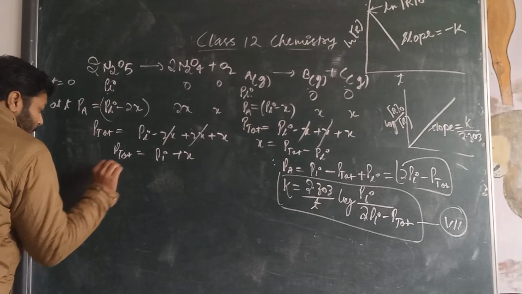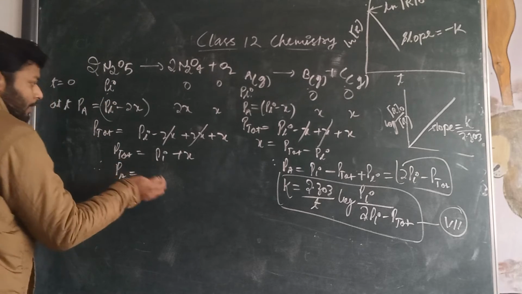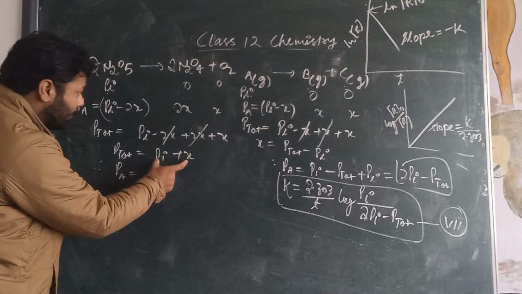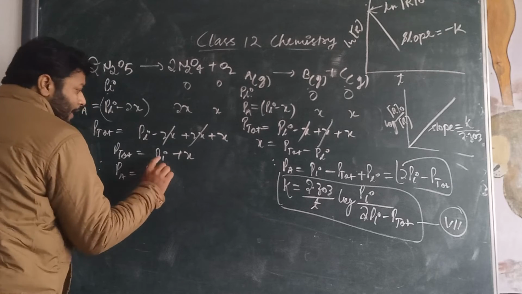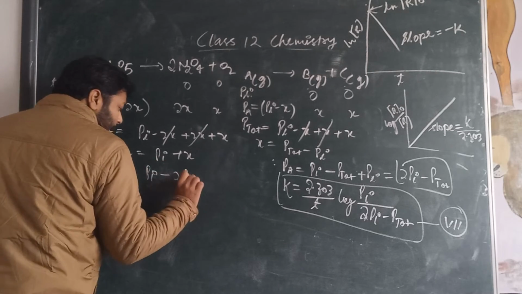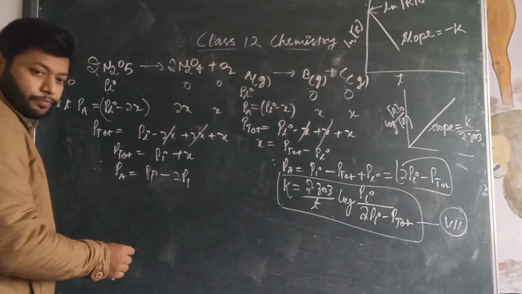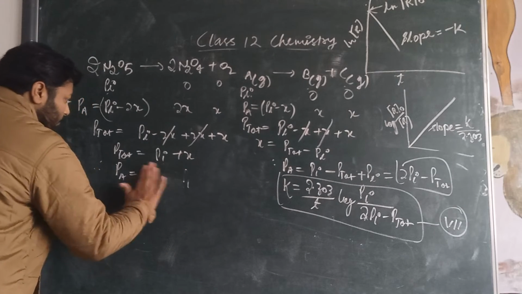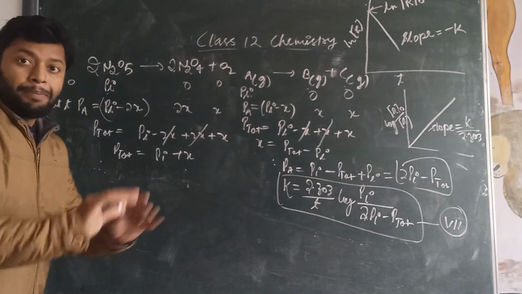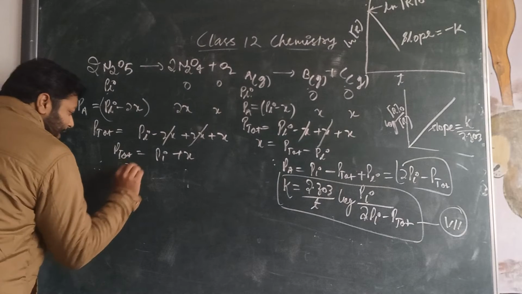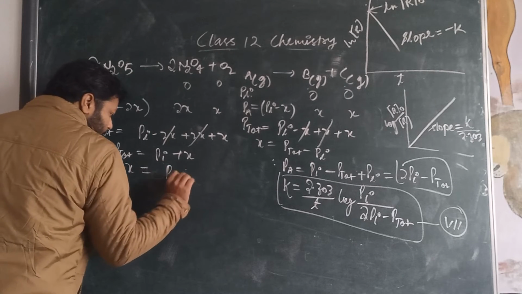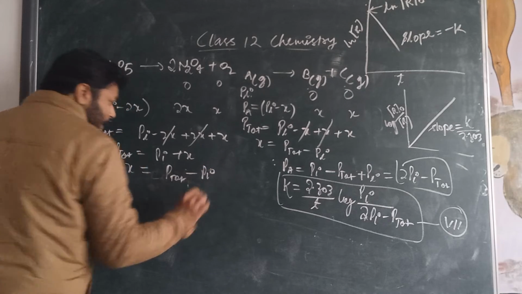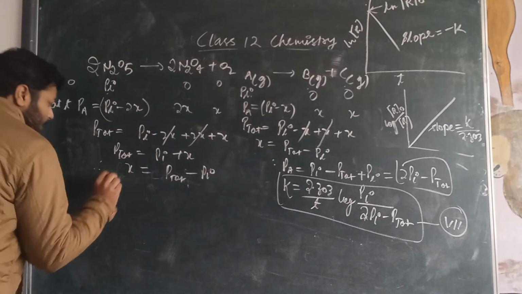So therefore PA becomes, when you put this value of x, Pi minus 2x. First change the value now: x equal to P total minus Pi. Now put the value of x.